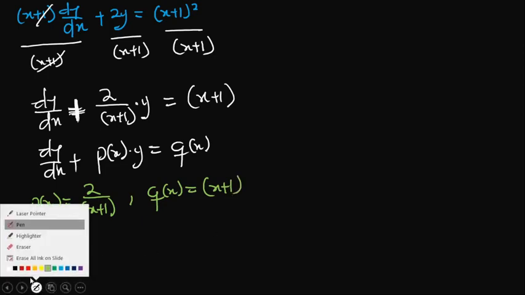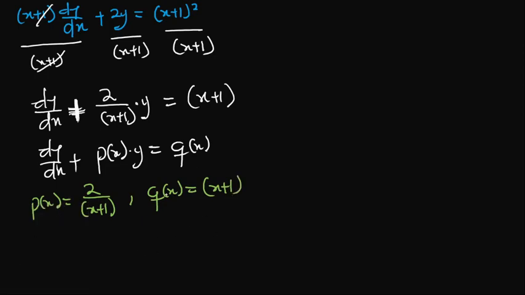Okay, so now that we have the value of our P of x and our Q of x, we need to go ahead and find our integration factor. Now the integration factor, like I said, is equal to e raised to the power of the integral of the function P of x with respect to what?